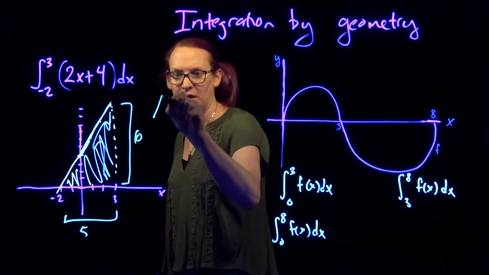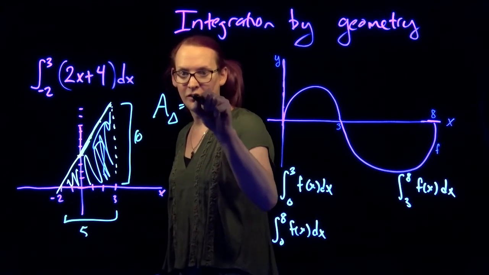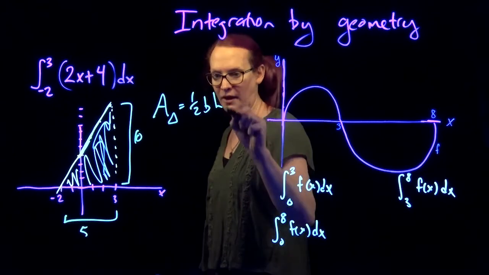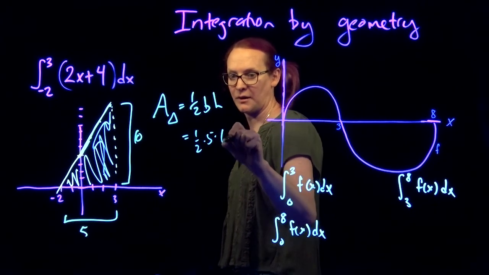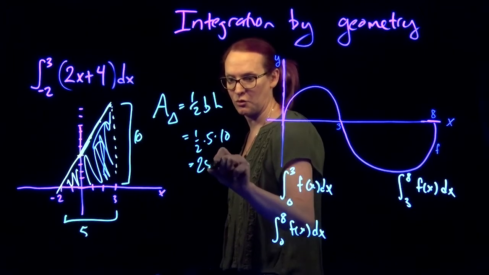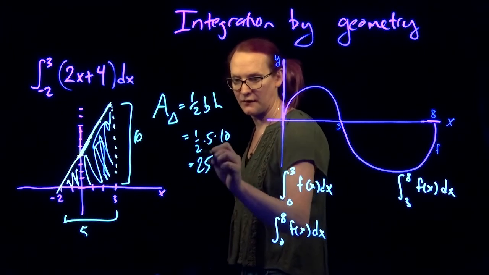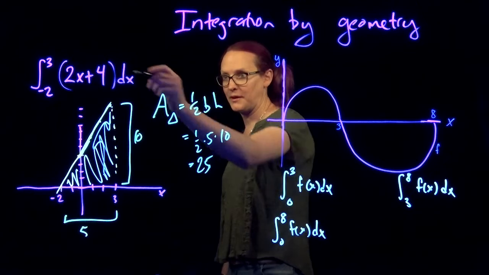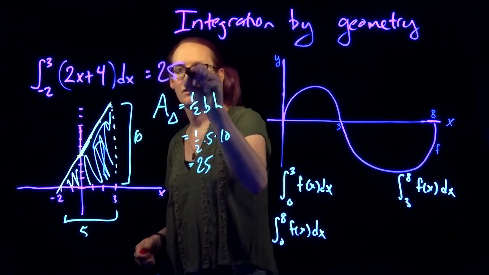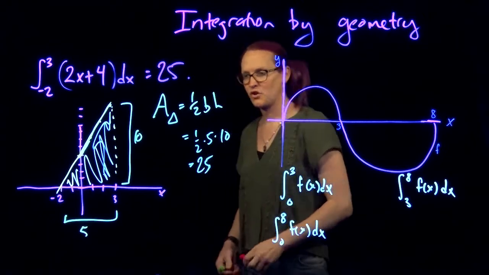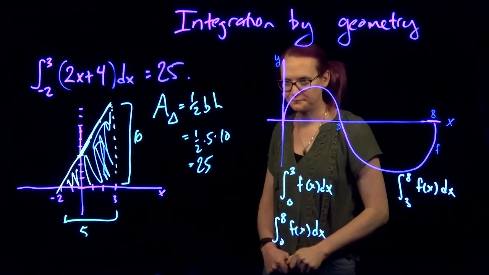And the area of a triangle is equal to 1/2 base times height, which is equal to 1/2 of 5 times 10, which is equal to 25. That means that this integral here is equal to 25 just by doing geometry.